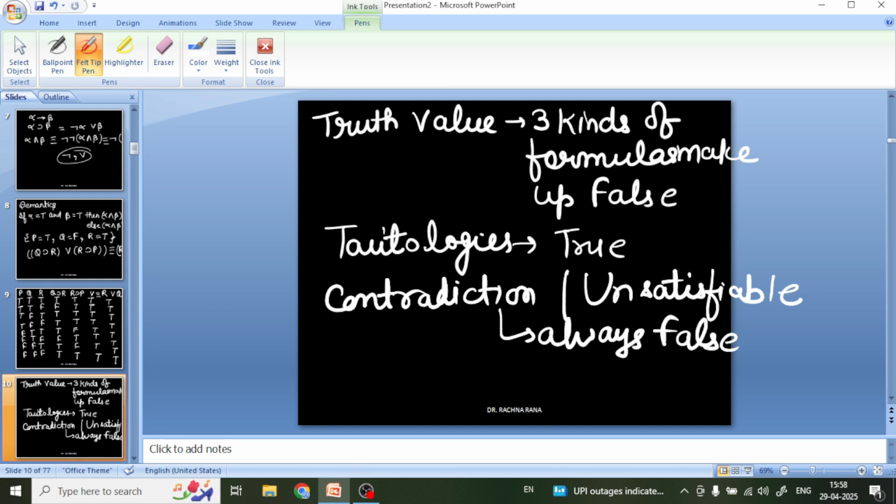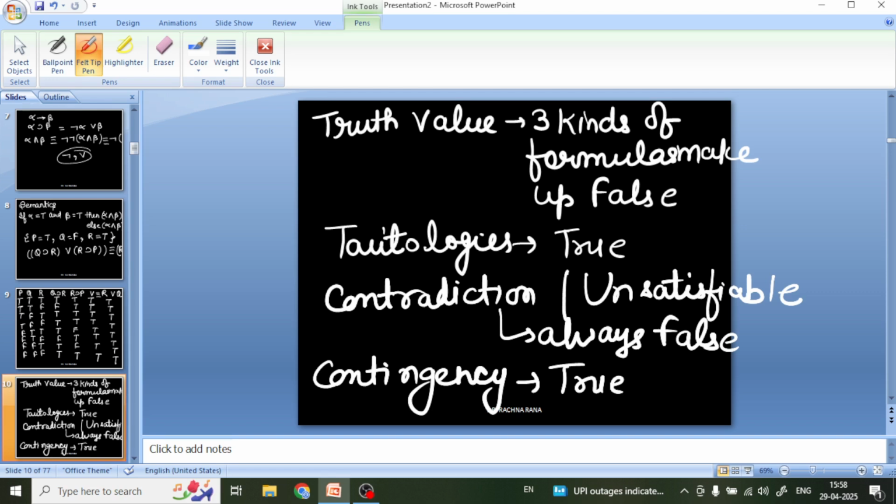And contingents, in case of contingency, true or false both. It means true in some cases and false in some cases. And contingency is satisfiable.